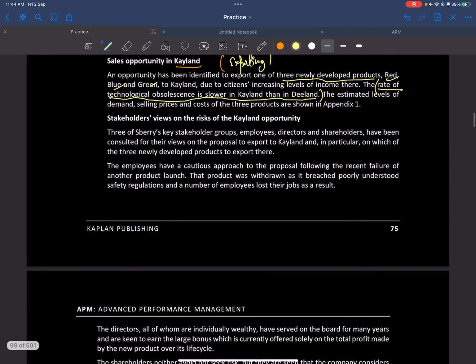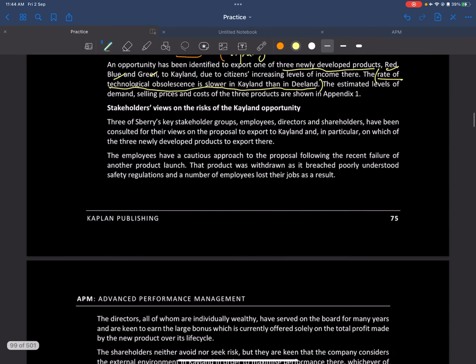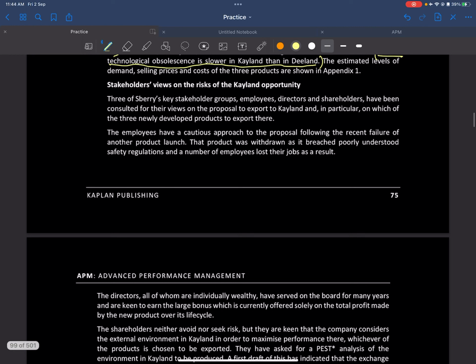Okay, stakeholders' views on the risks of the K-land opportunity. So there are three stakeholder groups: employees, directors and shareholders. So Maximax, Maximin, right? And expected value, I'm just assuming that.